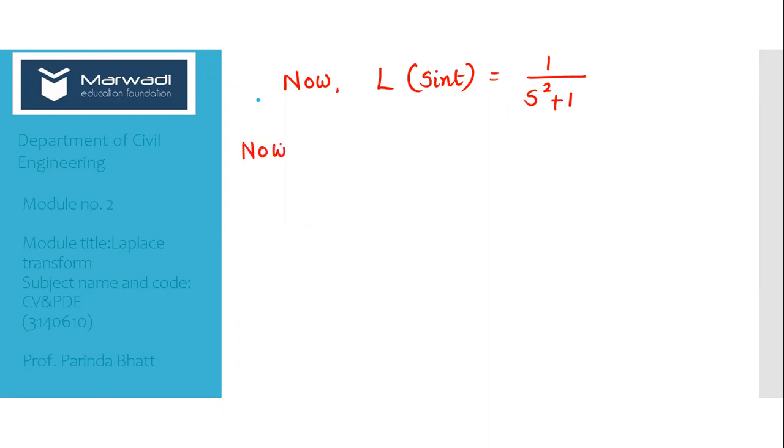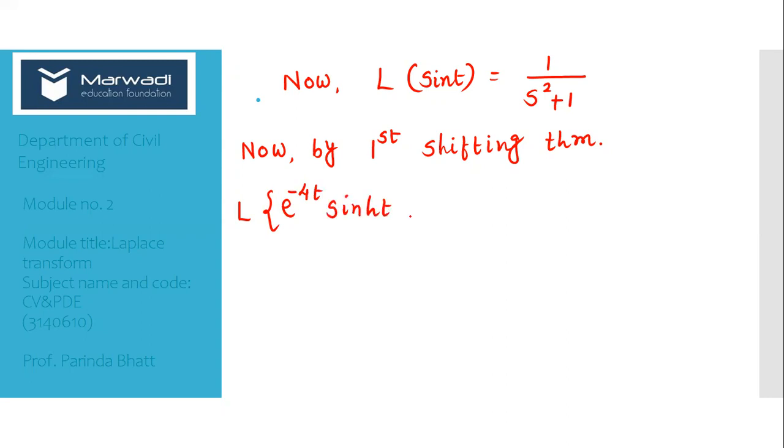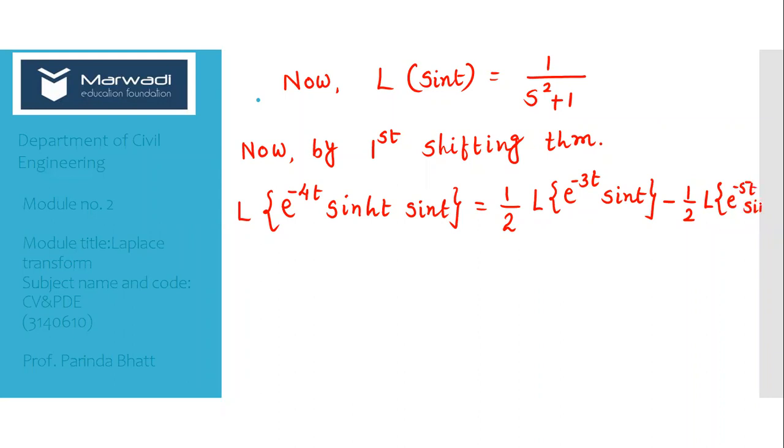Now by the first shifting theorem, we can write on the left hand side the given question, e raised to minus 4t sinh t sin t. And the simplified version is 1 by 2 Laplace of e raised to minus 3t sin t minus 1 by 2 Laplace of e raised to minus 5t sin t.